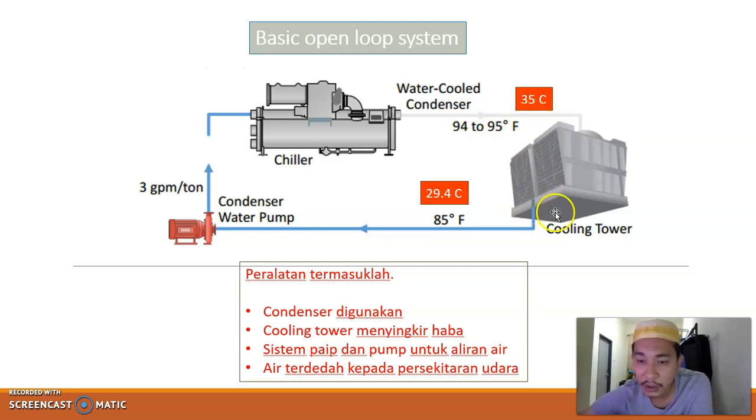After it goes through the cooling tower, the temperature decreases to about 85 degrees Fahrenheit or about 29 degrees Celsius. The condenser water pump will suck the condenser water to the chiller, and circulate it to make sure the condenser rejects the heat in the chiller system.